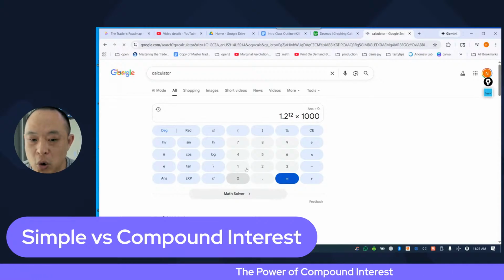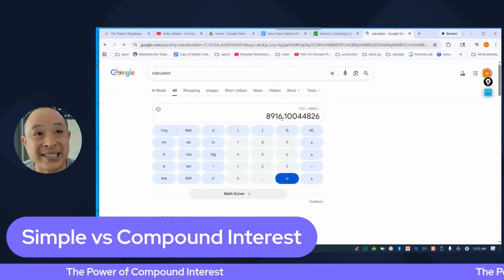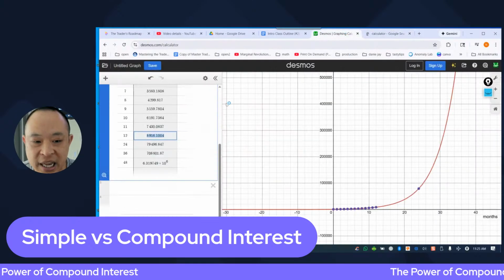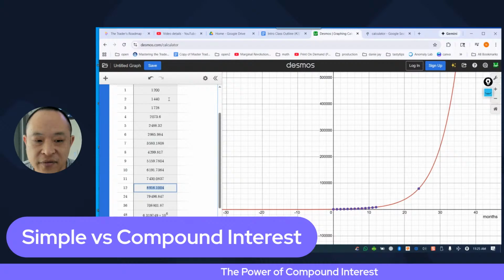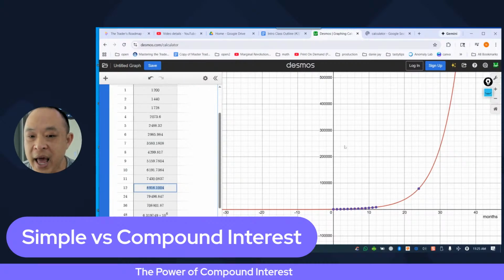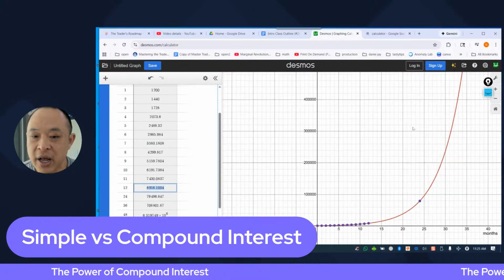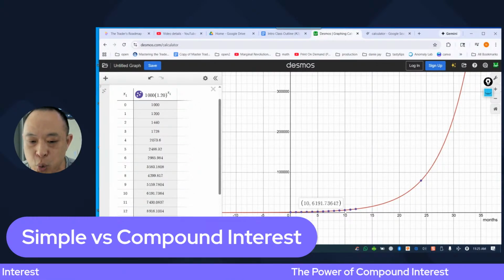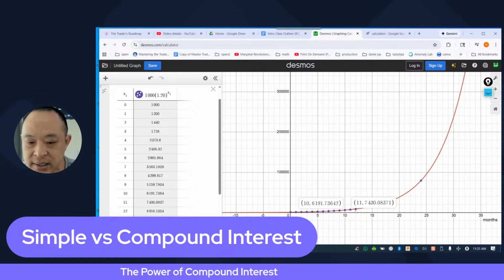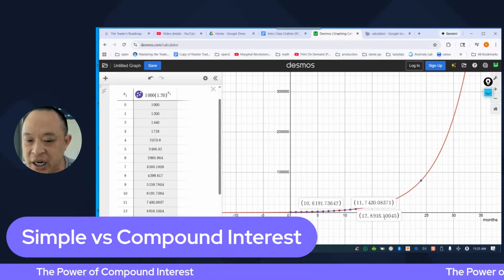Guess what? The shortcut works. Look at this. 8,916. Well, isn't that the exact same amount? 8,916. So instead of doing this calculation longhand, I could just plug it in the calculator and it will show me how much money I will have after 12 months, right? So if I click on this dot, you'll see after 12 months, I have $8,916.